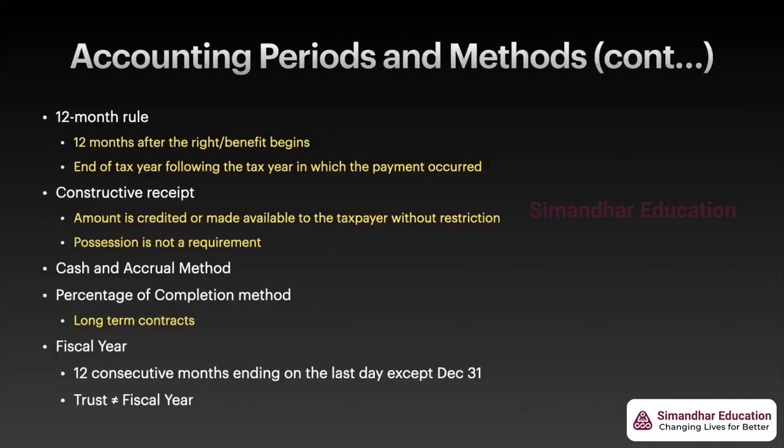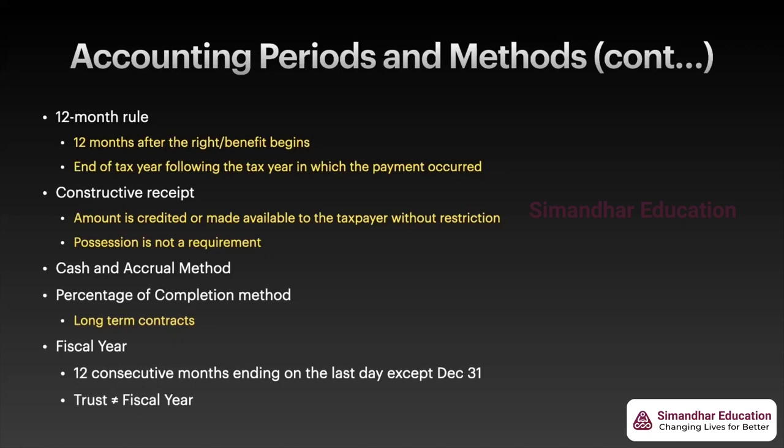Percentage of completion method applies for long-term contracts. This is usually in terms of construction companies that we see, because when a construction company takes up a project to build, say an apartment, it does not really happen within the same taxable year, right? So in those cases, the IRS has defined certain guidance that based on the percentage of completion of the total contract, you'll have to recognize revenue in a certain year.